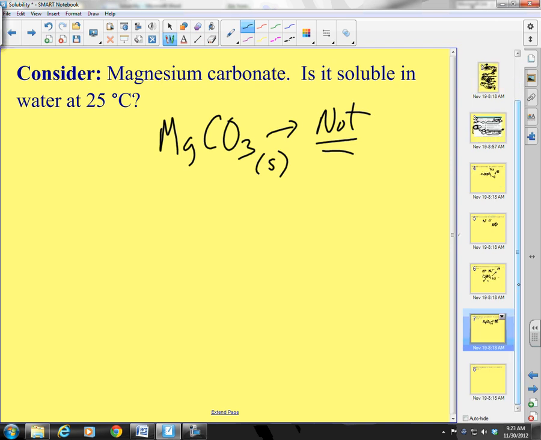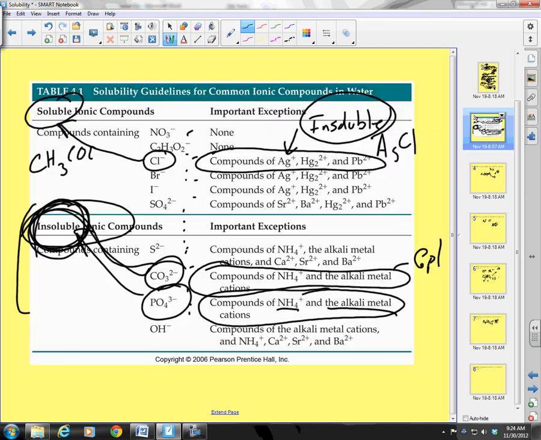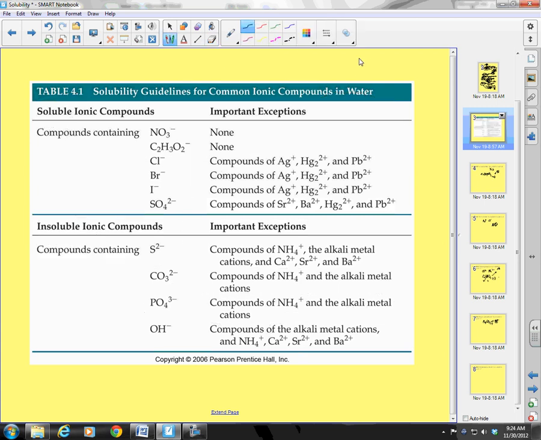Cool. Let's see. Hey, we're almost done. Last one. Ammonium carbonate. Okay, now we should add some things in our beautiful table here. Just some hints. Number one, all group one ions are soluble.